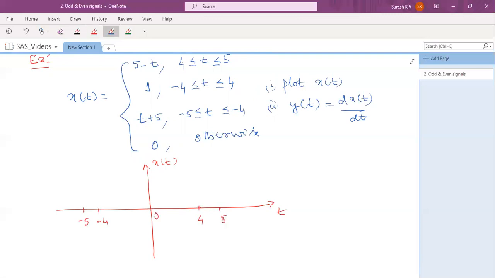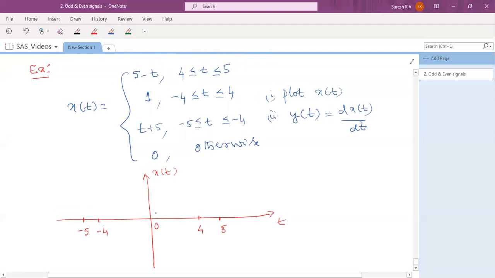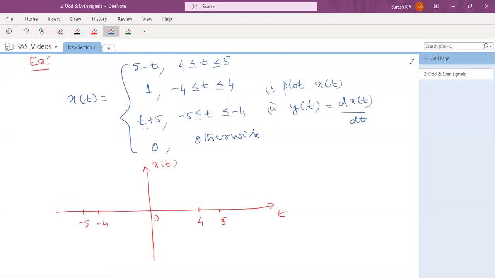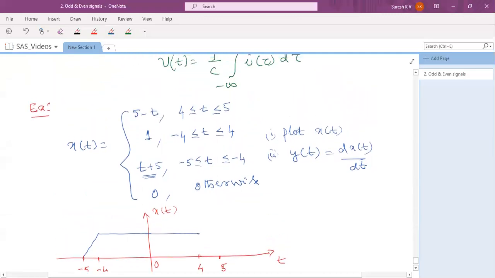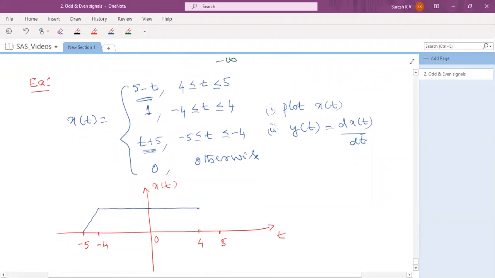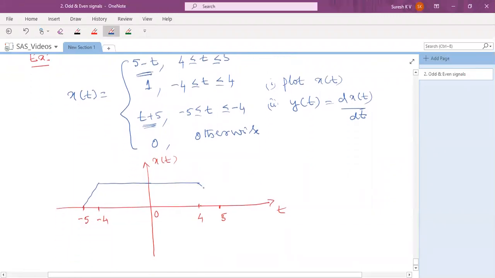So what you notice here is from minus 5 to minus 4, the signal is t plus 5. This is the equation for a straight line with slope equal to 1. From minus 4 to plus 4, the signal is equal to plus 1. And from 4 to 5, you can observe that this is again the equation for a straight line with the slope equal to minus 1. So this is the signal, which is a trapezoidal signal.